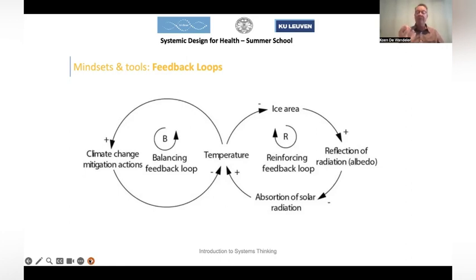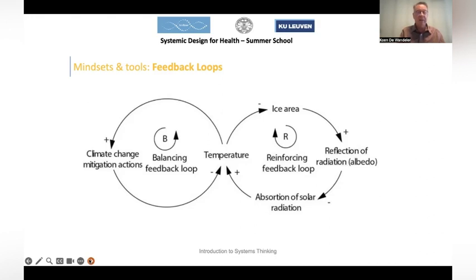So the more the temperature rises, the more mitigation actions will be pronounced. The more climate change mitigation actions are pronounced, hopefully will result in the temperature not rising as fast as it would if there were no mitigation actions. That's called a balancing feedback loop.